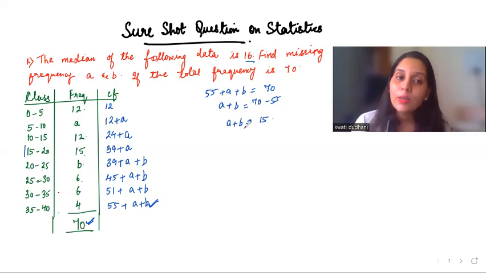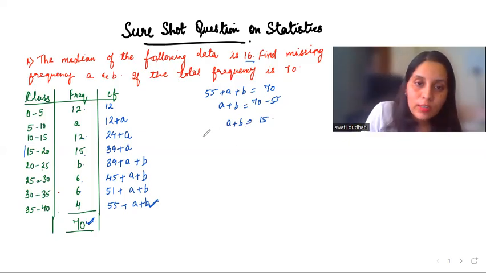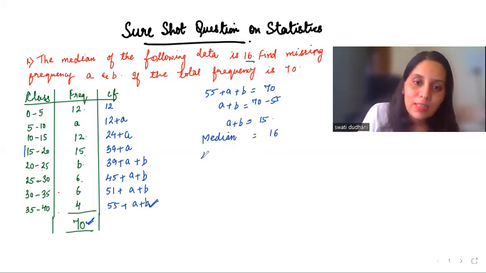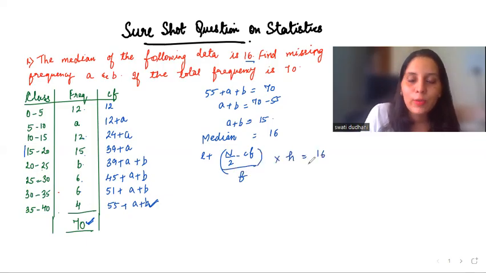Now, the other equation we get from the median, which is given to us. Let me write the median formula. Median is equal to 16, given. Median is L plus (n by 2 minus cumulative frequency) by frequency, into the class size, is equal to 16.